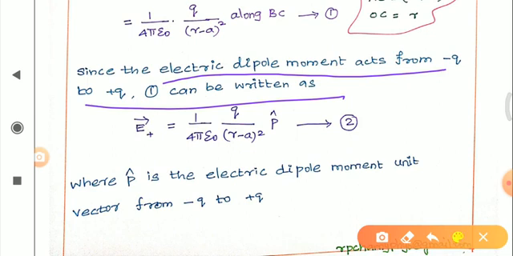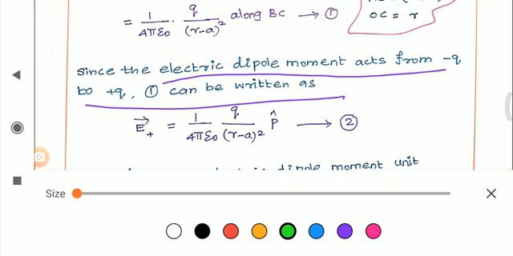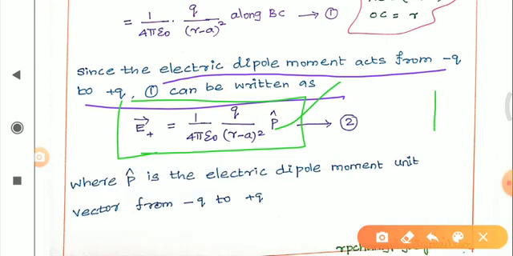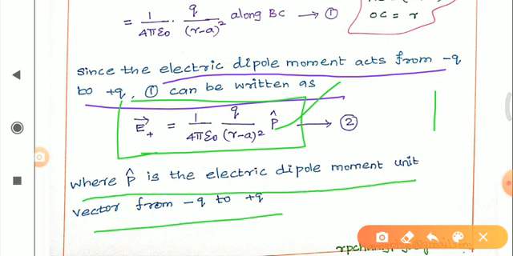So it is given by E plus is equal to 1 by 4 pi epsilon naught into Q divided by r minus a whole square into p cap. This is the unit vector, which mentions the direction. Here p vector is the electric dipole moment, which acts from minus Q to plus Q.